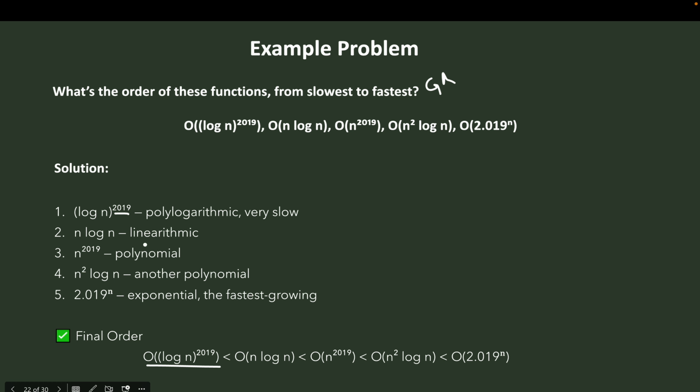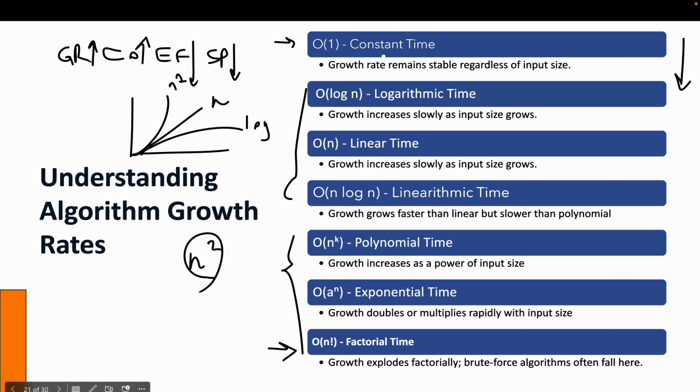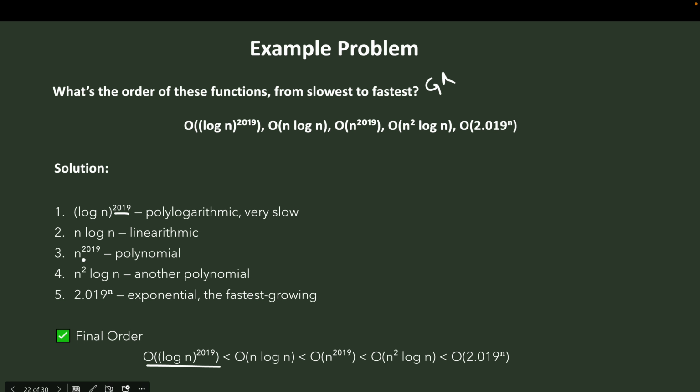Also, as you can see again in the list, the linearithmic time has better performance than polynomial time. And here, n with power 2019 is a polynomial. And as we had in the list, the linearithmic has better performance. It's also obvious.